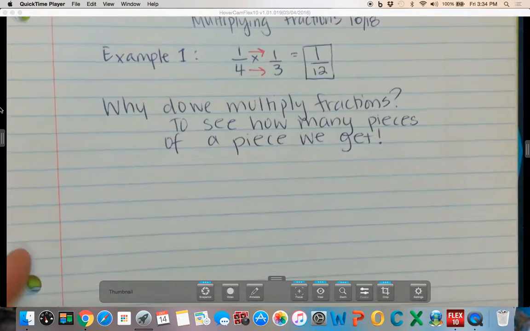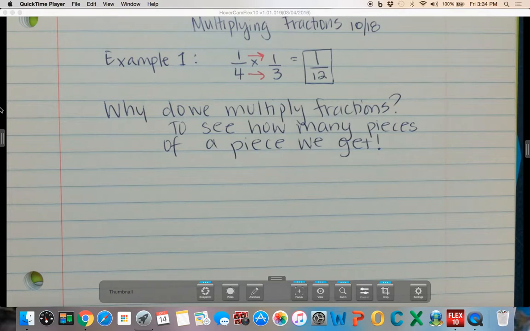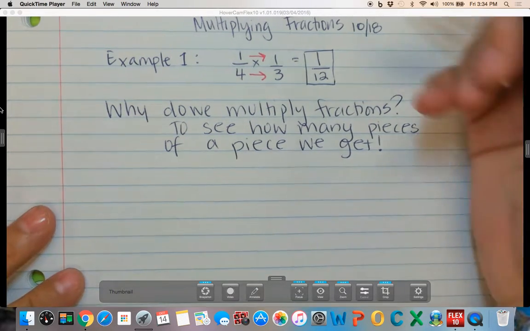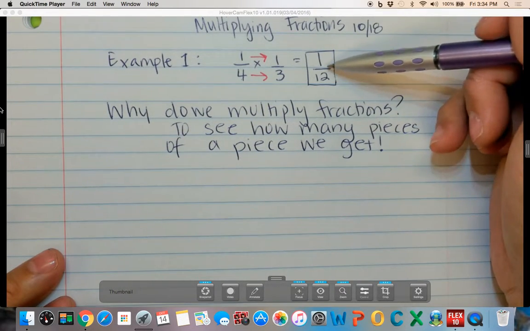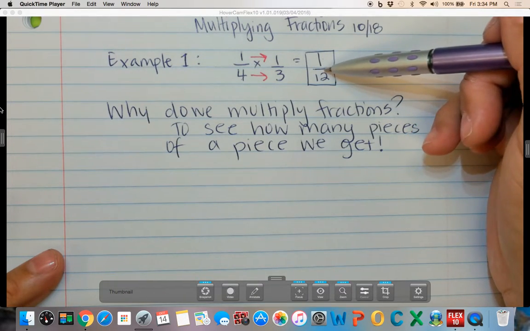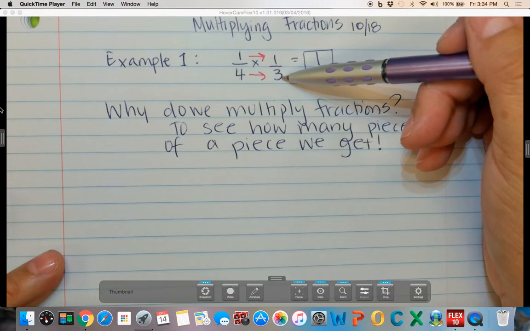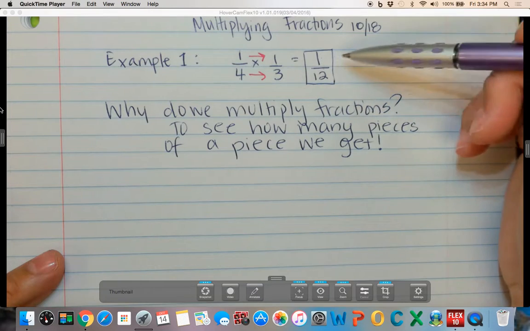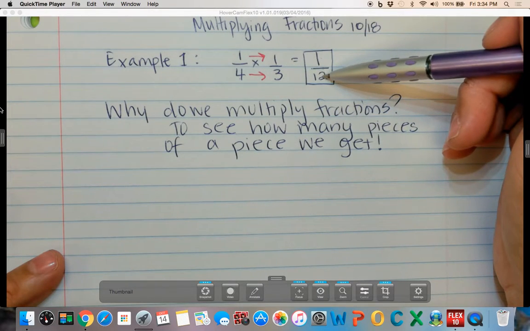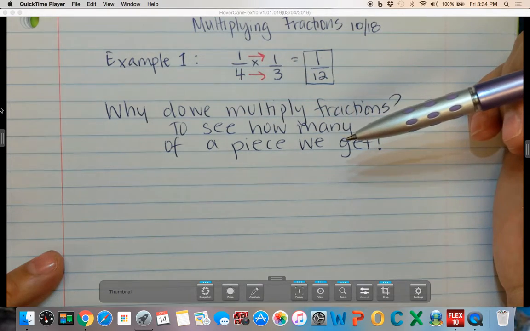So here's my picture that I'm going to show you for 1/4 times 1/3. Now what I want you to notice is that 1/12 is a much smaller number than 1/4 and 1/3. Okay? 1/12 of a pizza is much smaller than 1/3 of a pizza or 1/4 of a pizza.